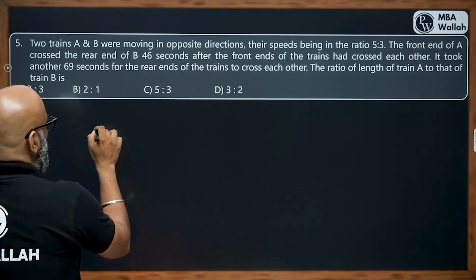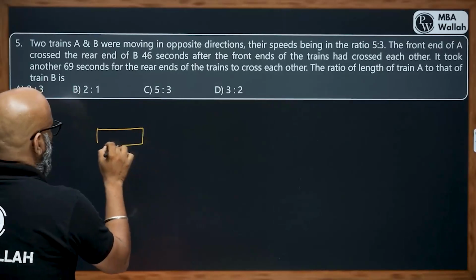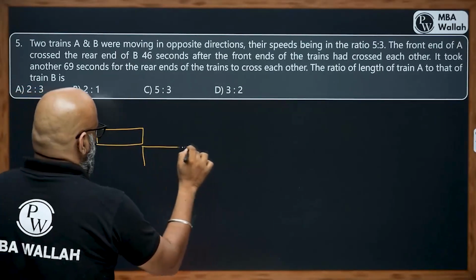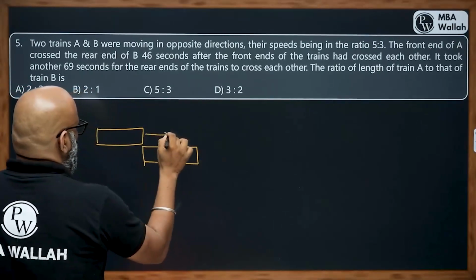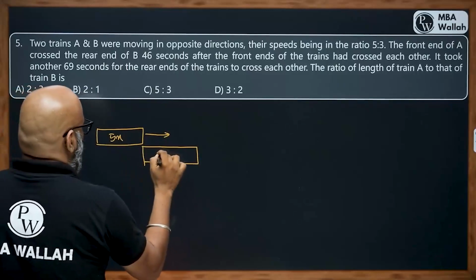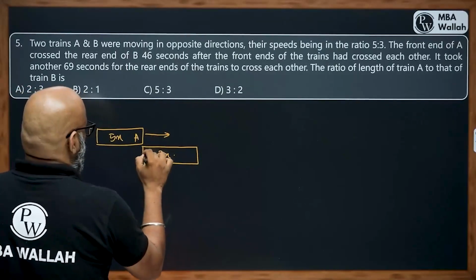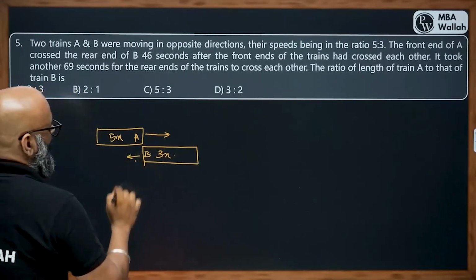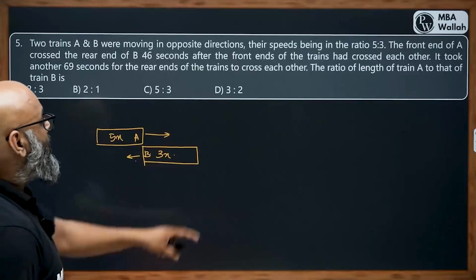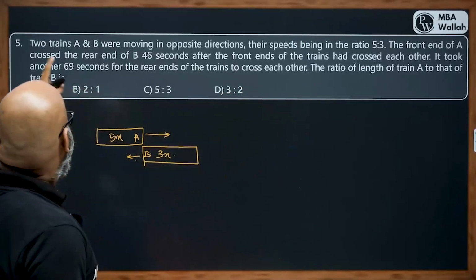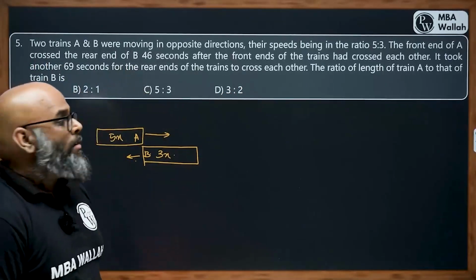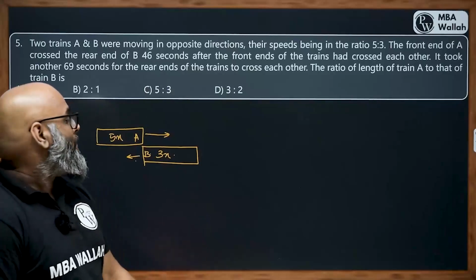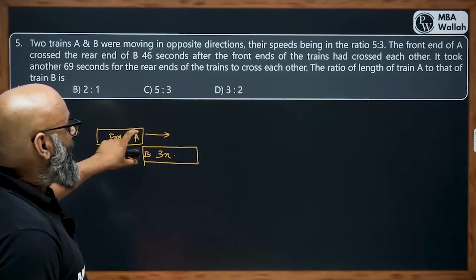So we are given that there are two trains crossing in opposite directions at 5x and 3x. This is A. Now, the first condition says the front end of A crosses the rear end of B 46 seconds after the front ends of the trains had crossed each other.